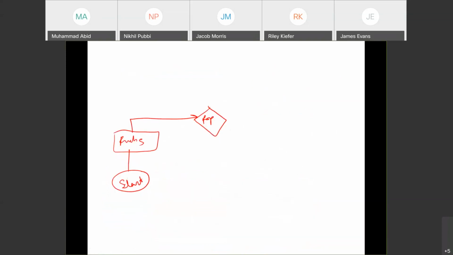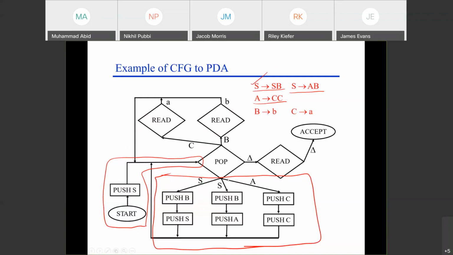So we have this thing here, and it is S, and this is push, and then again this is push. If S can be replaced by SB, first you want to give S and then you want to give B. So if this is a stack, you will first push S and then you push B.